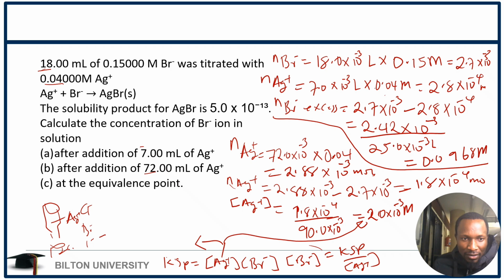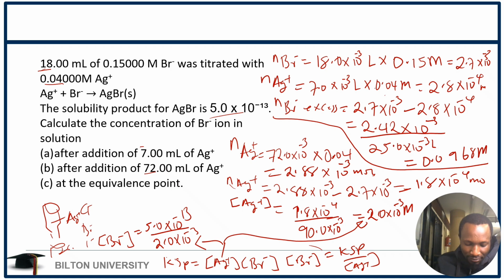If we plug this in, the concentration of bromide ion will be Ksp, which is 5.0 times 10 to the power minus 13, which is given, divided by the concentration of silver ion, which is 2.0 times 10 to the power minus 3.